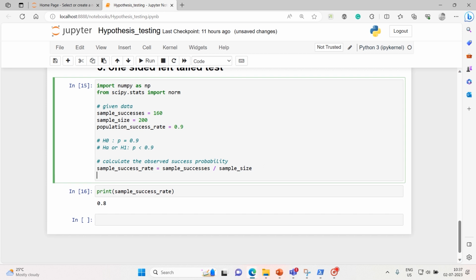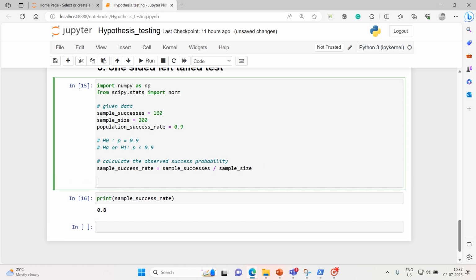Okay, let's move ahead. Let's calculate the standard error first, then we can calculate the z-score.